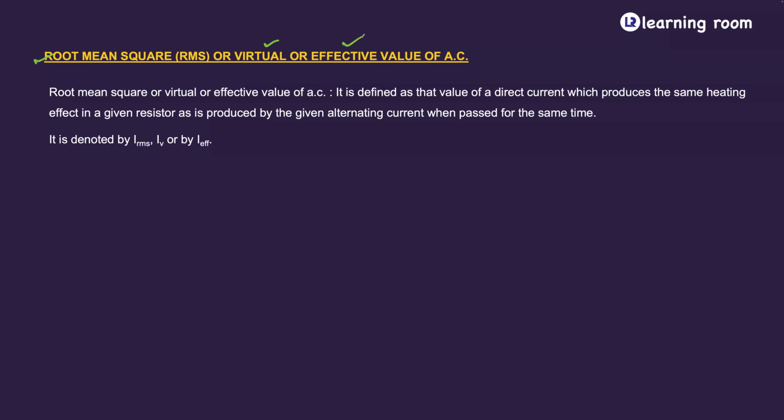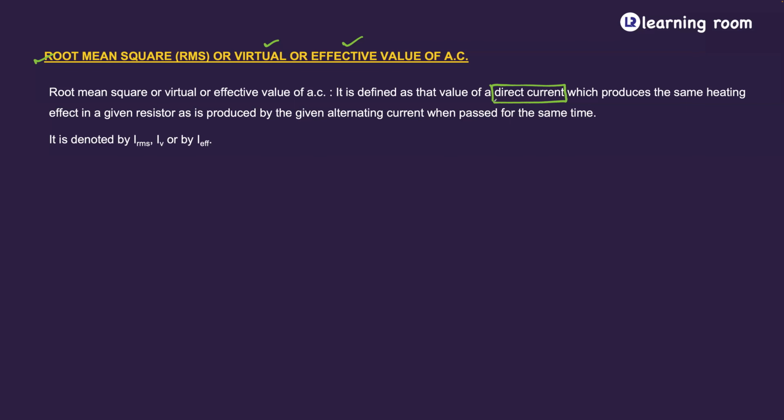Okay. So listen. It is defined as that value of direct current. So why we generally don't deal with AC directly is because it is an instantaneous value. E is equal to E naught sine omega t means at every instant it keeps changing, which is difficult for us to calculate. So to calculate, what we do is we find an equivalent value of that AC in terms of DC.